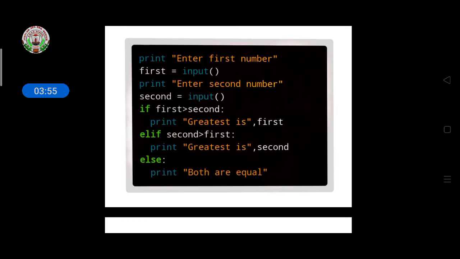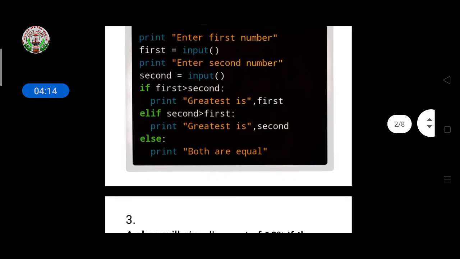It will come to elif second greater than first. Here the second value is greater than the first value, so the line greatest is second will be printed. If both the values are equal, then else will print both are equal. Like this the output will come here.